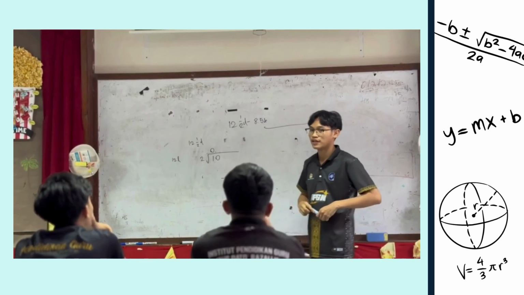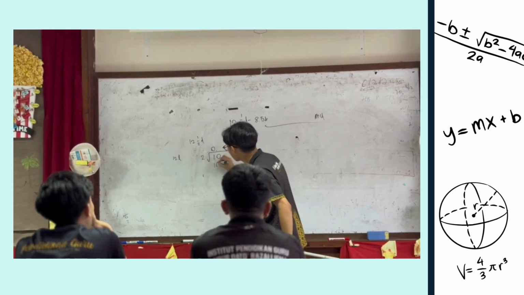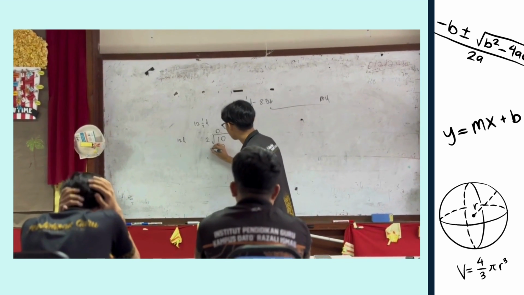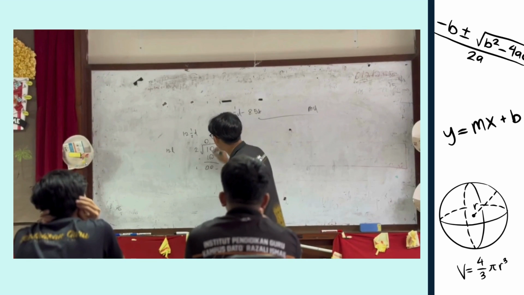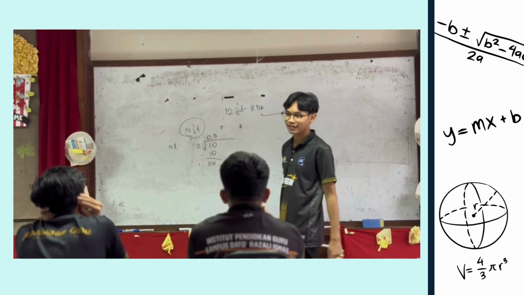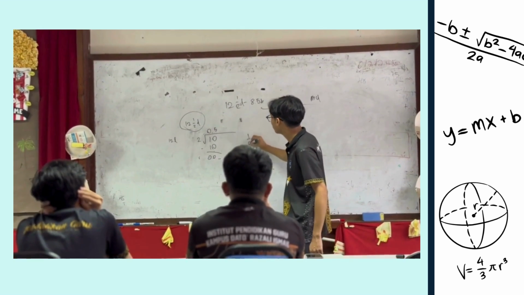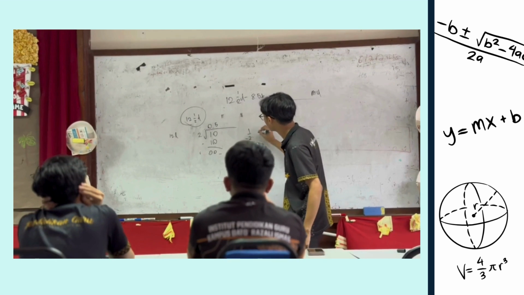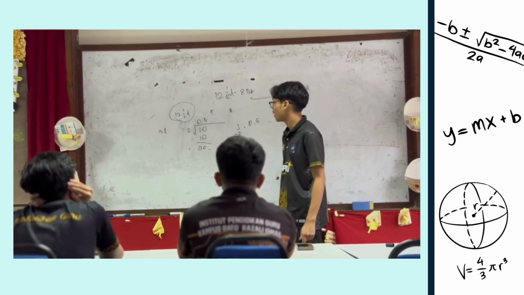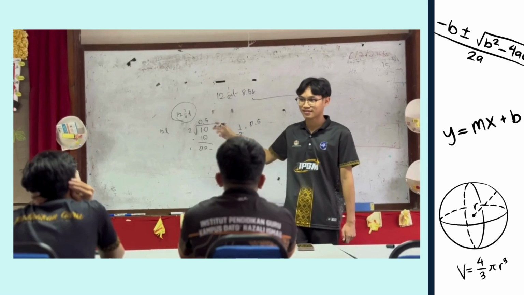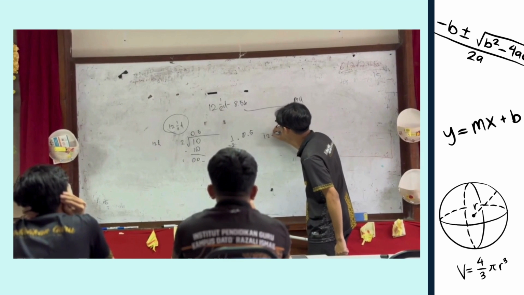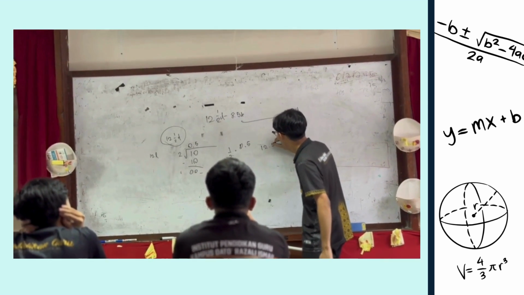Yes. How many 2s do we need to get 10? 5. 10 minus 10 is 0. So 1 over 2 is equal to 0.5. And this will be 12.5 liter.